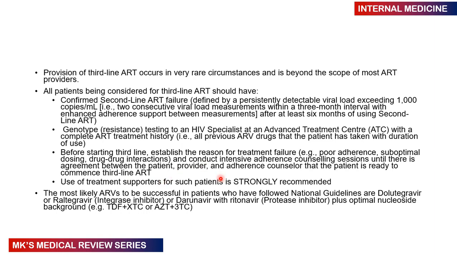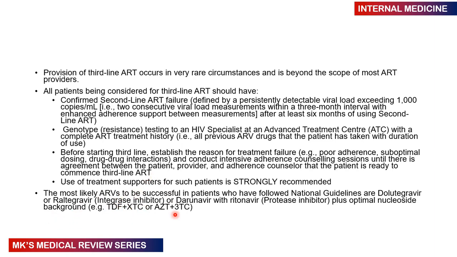The ARVs most likely to be successful in patients who have followed the national guidelines are dolutegravir and raltegravir, or darunavir and ritonavir, plus an optimal nucleoside background. So you have either TDF plus XTC, or AZT plus 3TC.